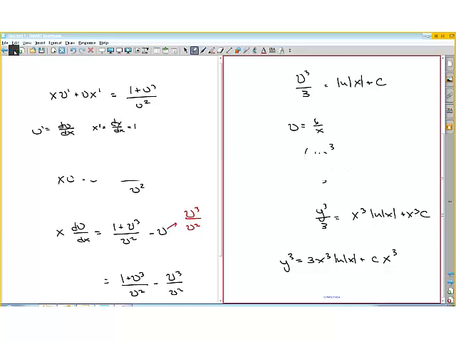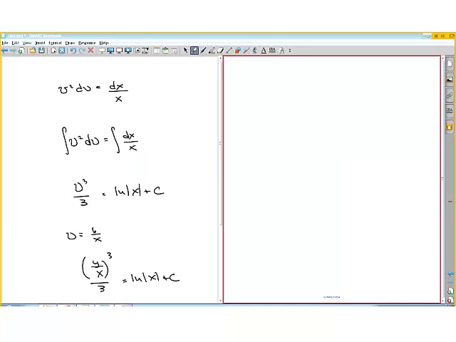The other way of doing it is, if we go back to the original equation, what was that? We had this substitution that y is equal to mu times x.